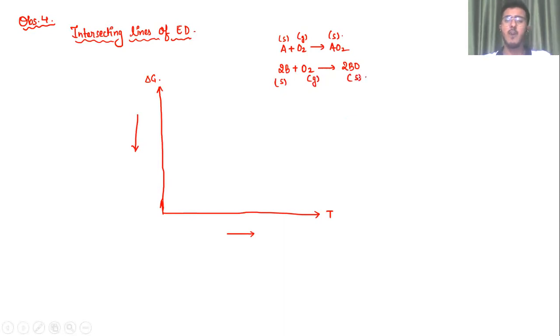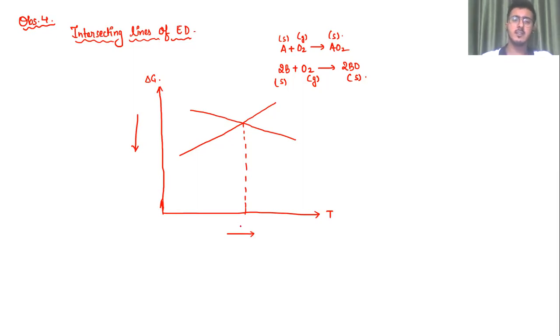Now, what happens during the intersecting of the lines? That is what we are going to learn. Let me take that there are two lines going in this manner. The intersection occurs at a particular temperature.